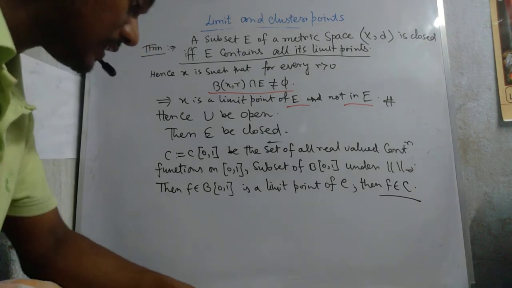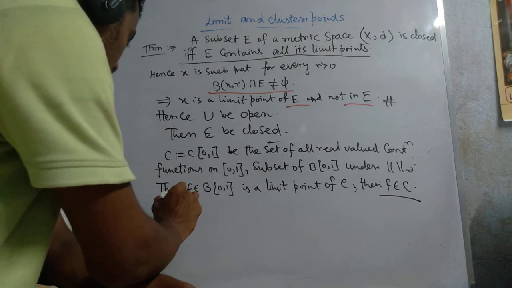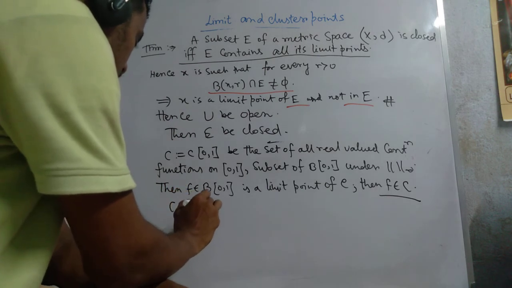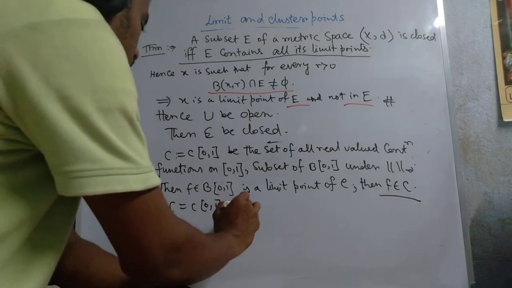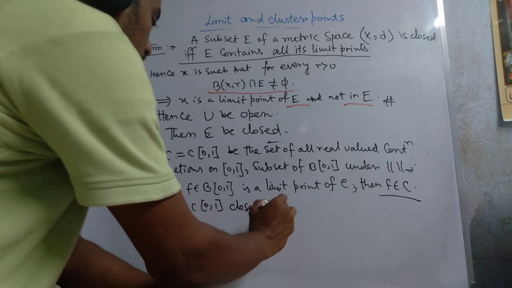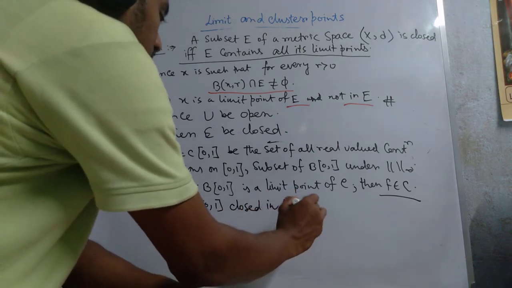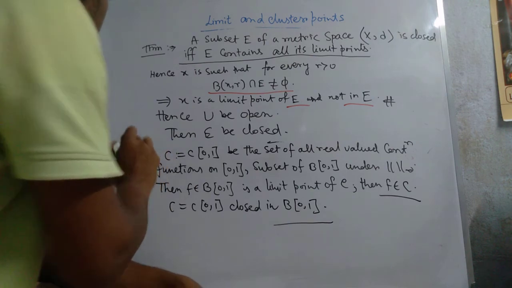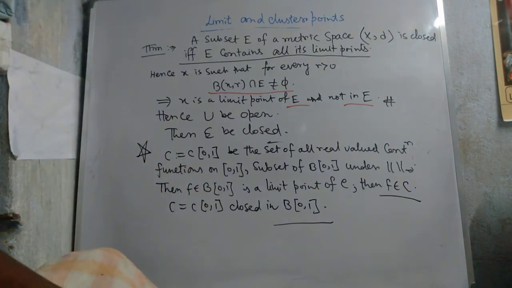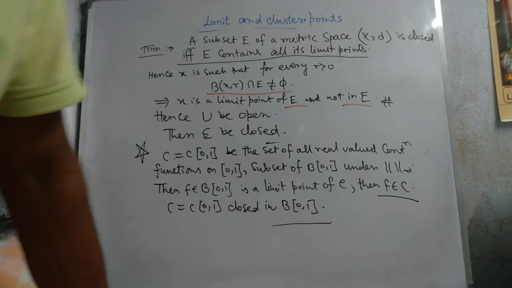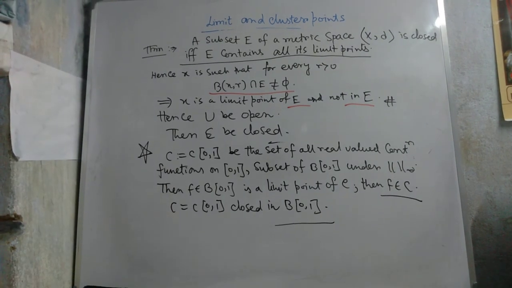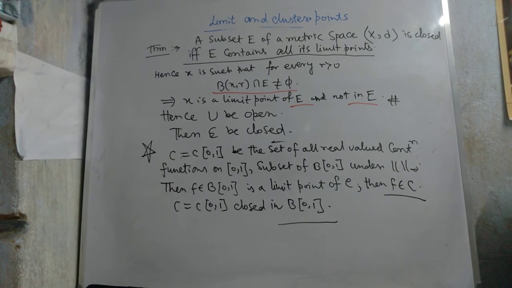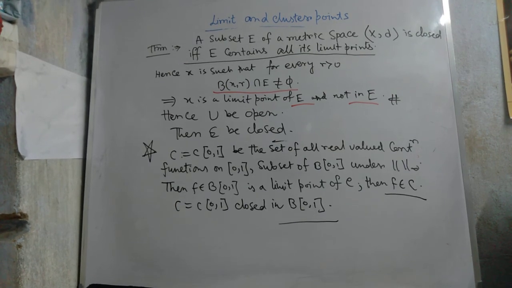We find C is closed in B[0,1]. That means C = C[0,1] is closed in B[0,1]. This is another important example: C[0,1], the set of all real valued continuous functions, is closed in B[0,1]. Okay, so today we stop here.